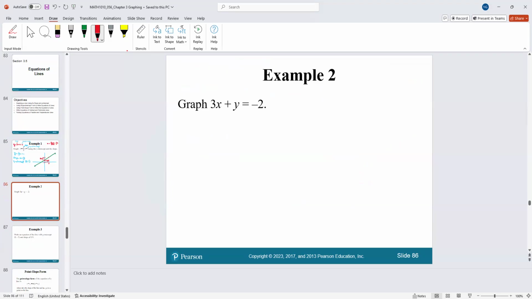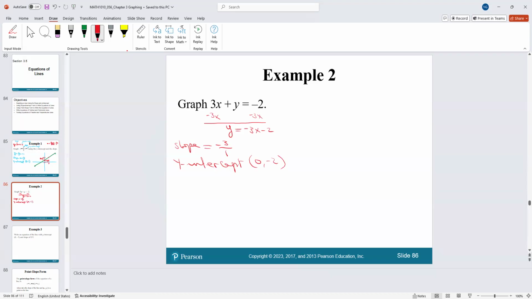There are different ways to graph. First, we could solve the equation for y to write it in slope-intercept form. If we subtract 3x from both sides, you're going to have y equals negative 3x minus 2. We know the slope is negative 3 over 1, which you don't see, and the y-intercept would be (0, negative 2).